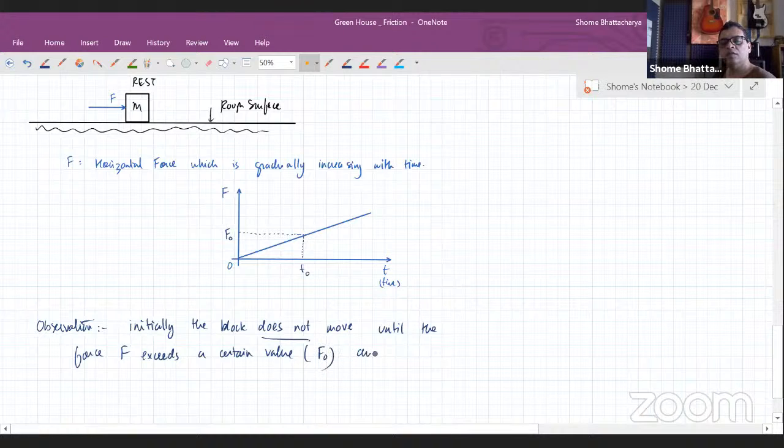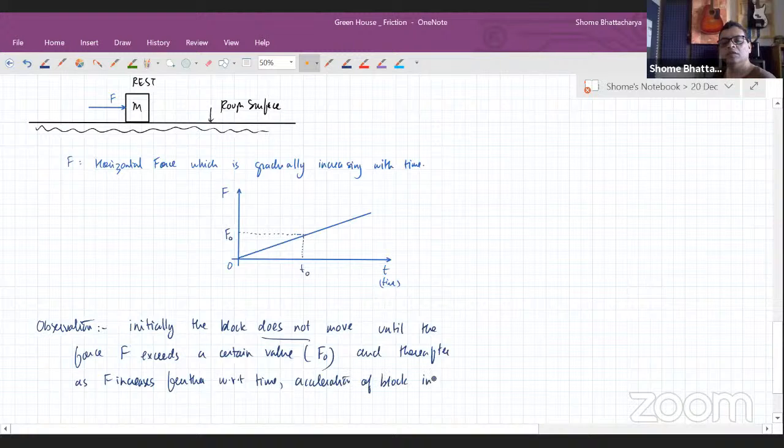And thereafter, as f increases further with time, you'll observe that the acceleration of the block increases.